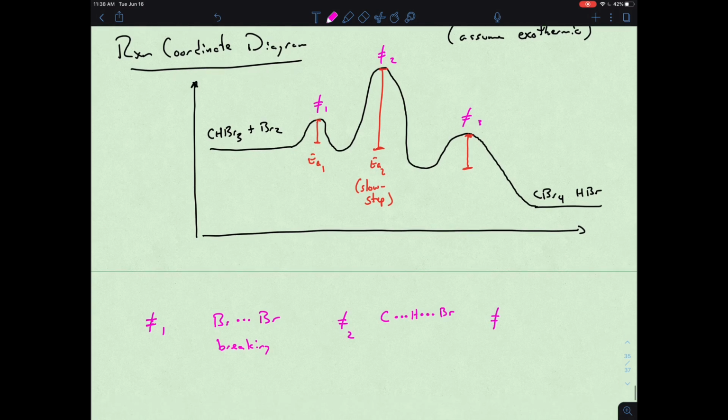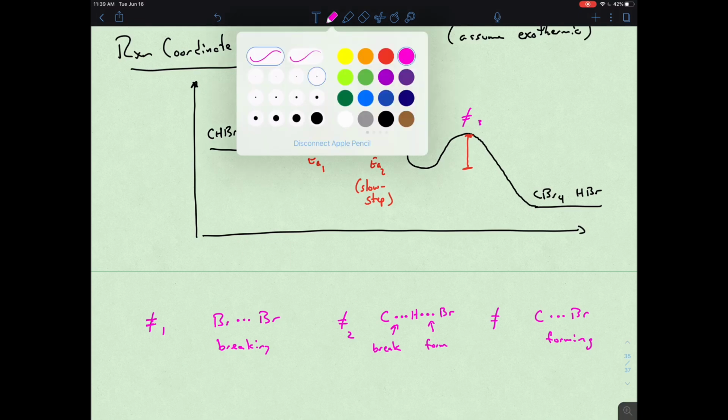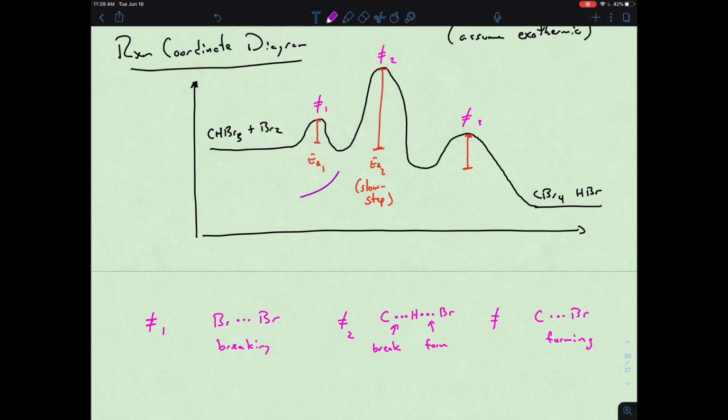We don't have to get into the specifics, but here we are breaking, and here we are forming. And then in the last transition state, we are now forming a bromine bond to carbon. So those are the 3 transition states which lead to the 2 intermediates.